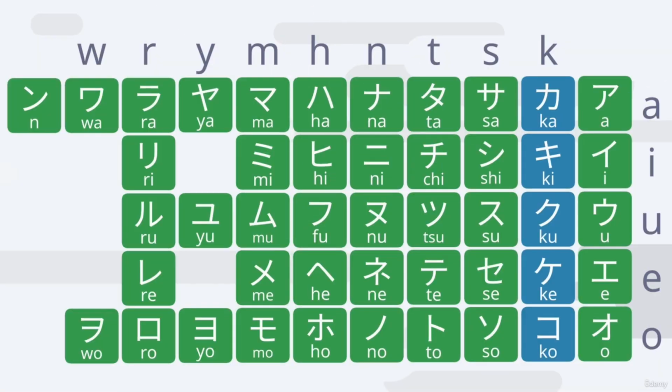Earcon. We learned the characters ka, ki, ku, ke, ko. In the next lesson, we'll learn the characters ga, gi, gu, ge, go.